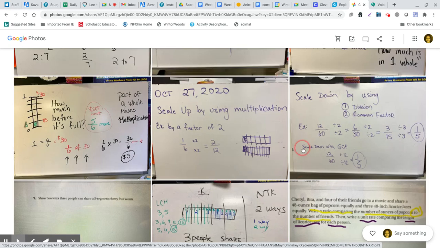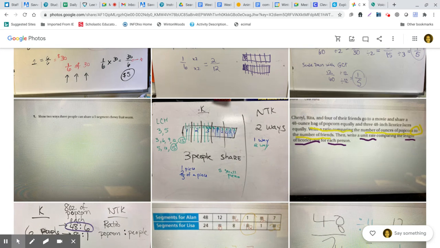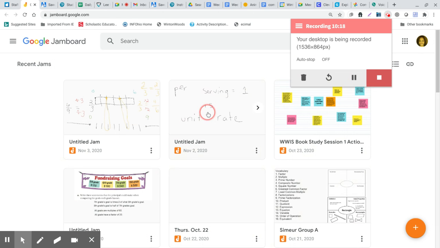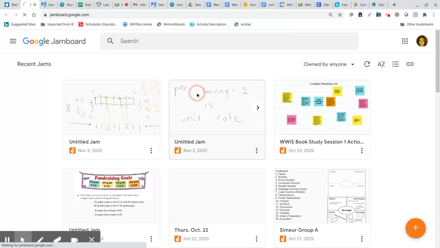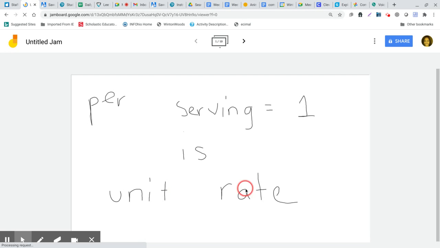Per one. When did I talk about unit rate? Oh, that was a Jamboard that we did. So on this Jamboard, we talked about per serving or per mile or per anything. It doesn't have a 1 there. It's like a phantom 1 that you can't see, but it means 1, which is called the unit rate.